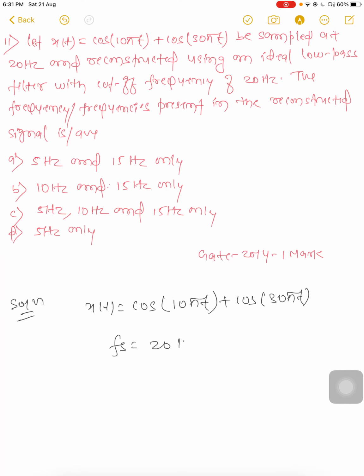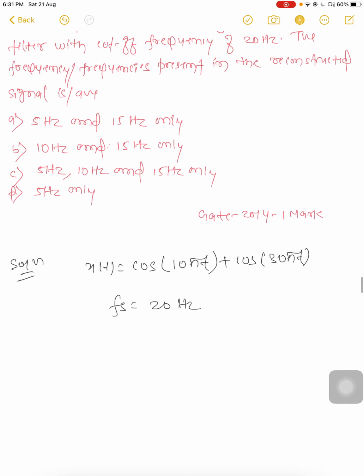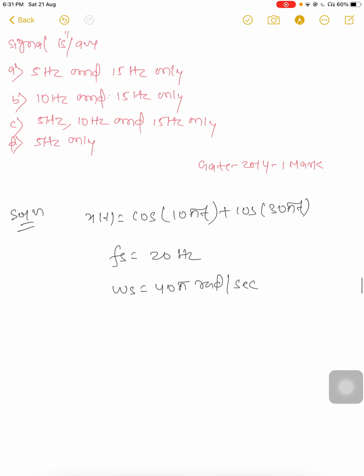Given sampling frequency fs is equal to 20 Hz, so omega s is equal to 40 pi radian per second.